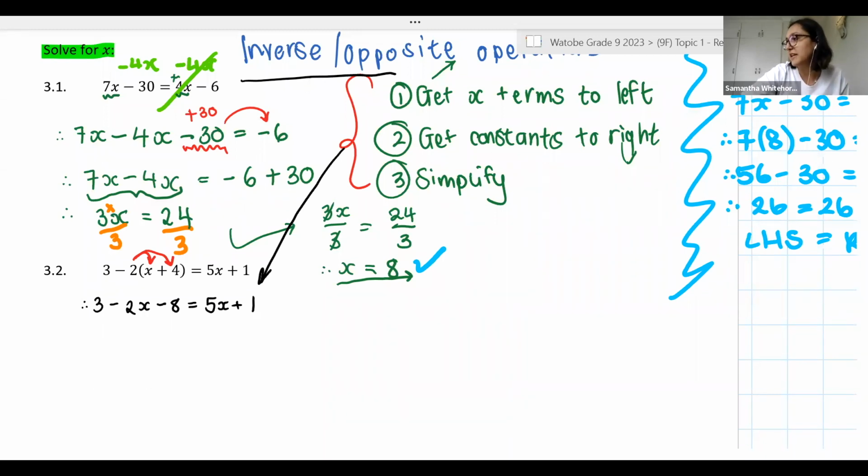I don't mind if you're not feeling that brave. And if anyone's got some answers for x, we can start putting them in the chat so we can see. And guys, remember your answer doesn't always have to be a whole number. Sometimes we get fractions as answers, and that is okay.